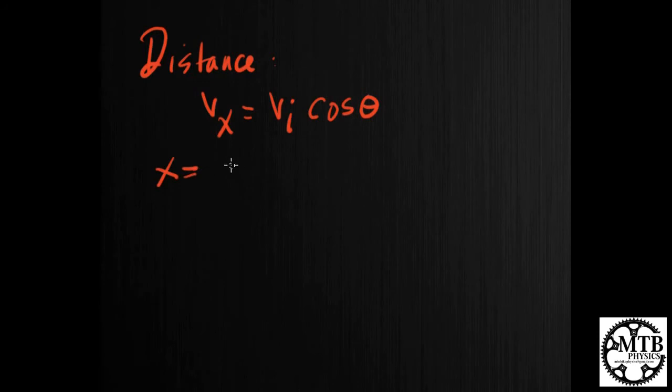Find our distance. Distance is across the x coordinate. So v sub x is equal to initial velocity times cosine theta. Solving for x, x equals v sub x times time, which will equal our initial velocity times the cosine theta times time.